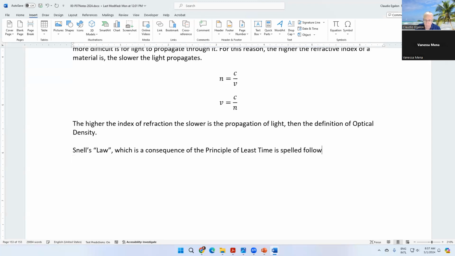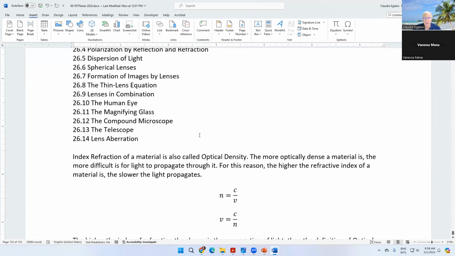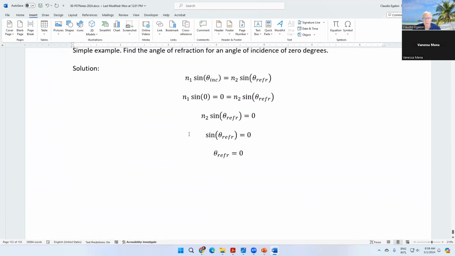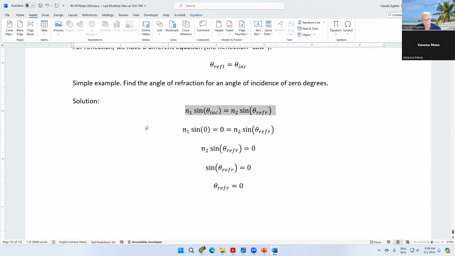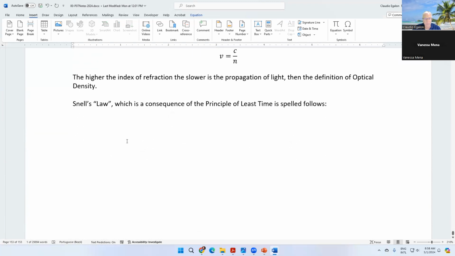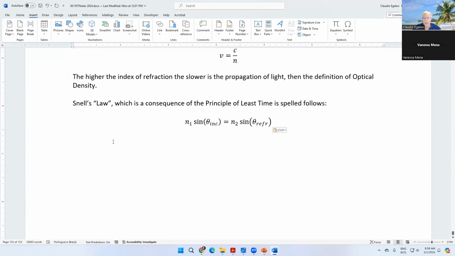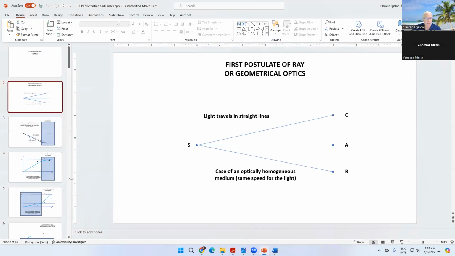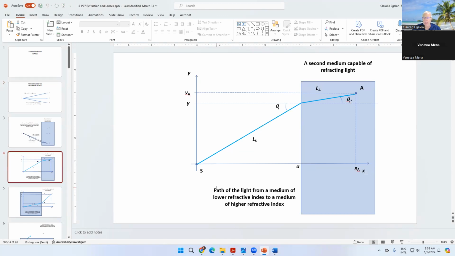The refractive index of medium number 1 times the sine of the angle of incidence is equal to the refractive index of medium number 2 times the sine of the angle of refraction.